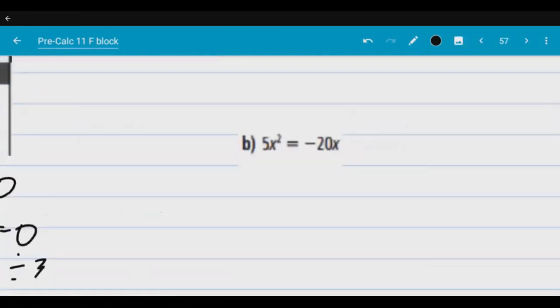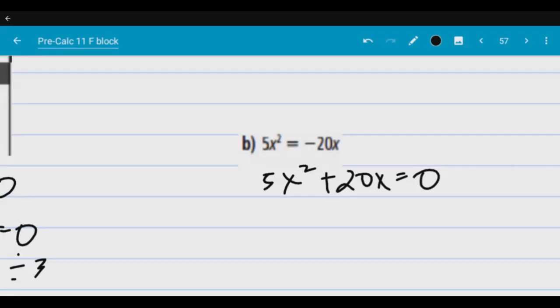5x squared is equal to negative 20x. This actually is easier. Why? Because look, 5x squared, let's gather everything to one side, plus 20x equals 0. All right? Now, if we divide everything by 5, I think we will be able to do this. All right?